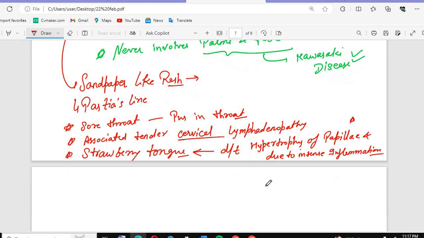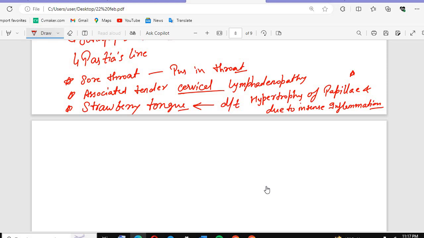What is hypertrophy and hyperplasia? I hope everyone knows this. Here is a cross mnemonic: are you seeing any S in hypertrophy?